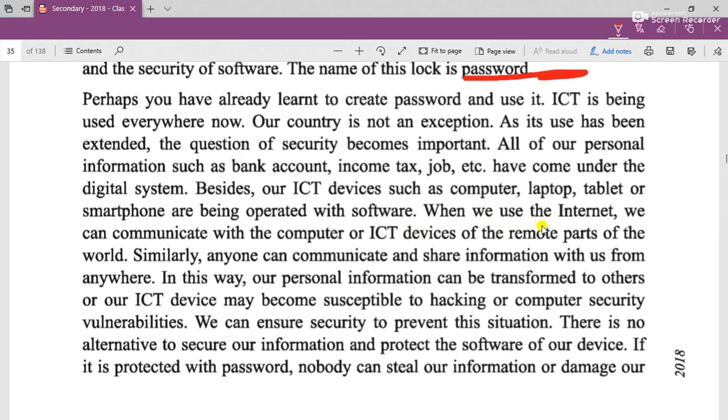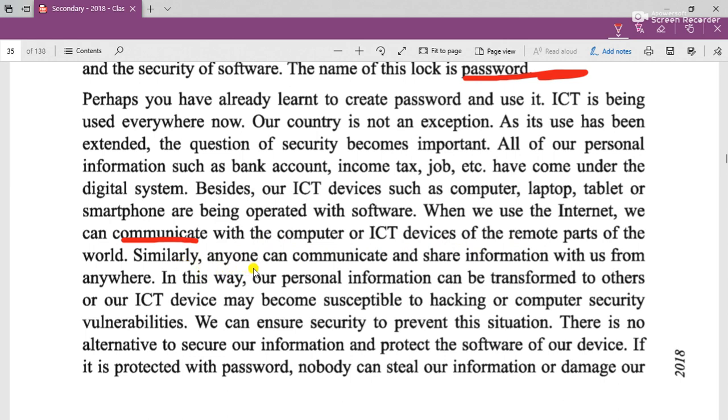When we use the internet, we can communicate with the computers or ICT devices of the remote parts of the world.